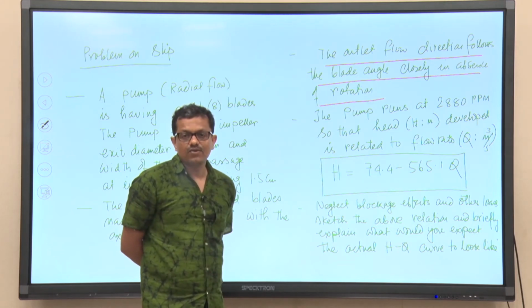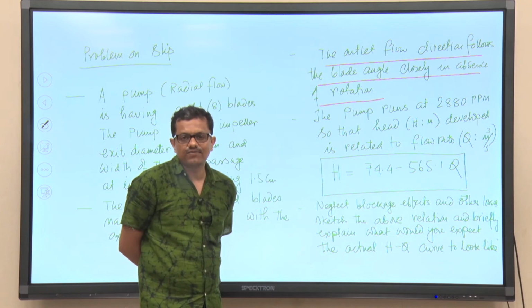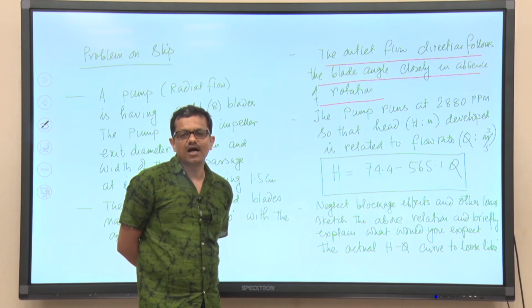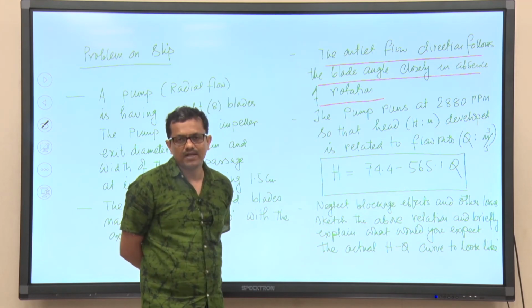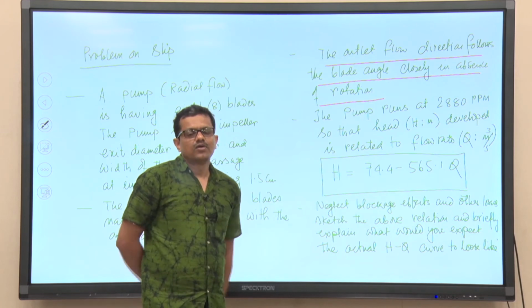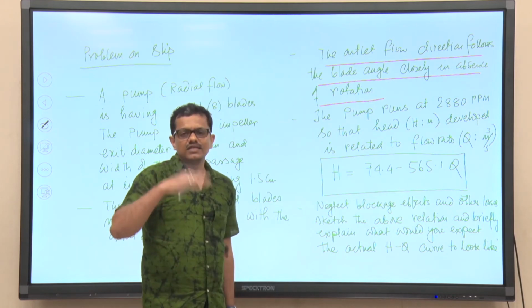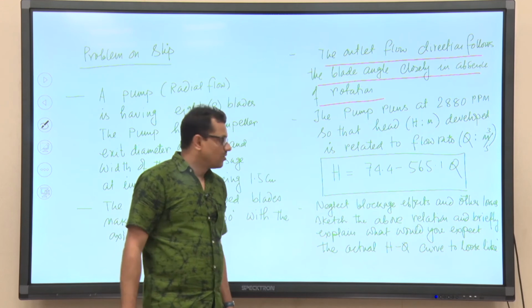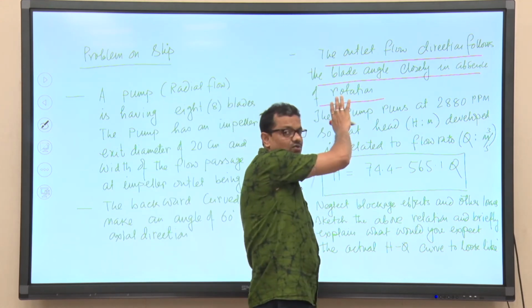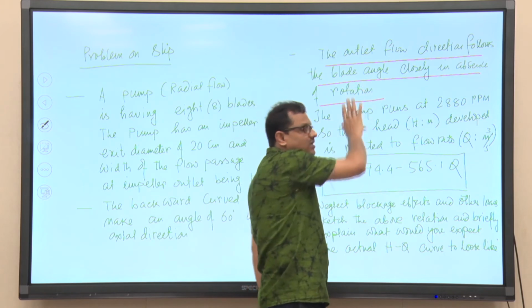That is what we have been discussing for the last few classes, that because of the existence of slip velocity, both the absolute velocity and relative velocity at the outlet of the pump impeller will shift from the original locations. So this statement is giving us a clue that in absence of rotation that is fine.